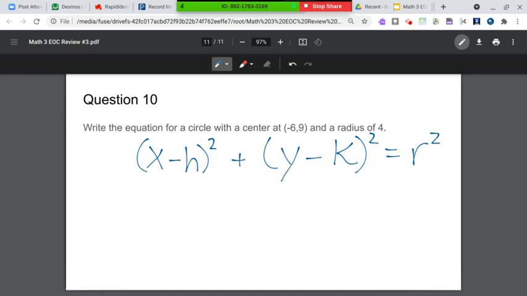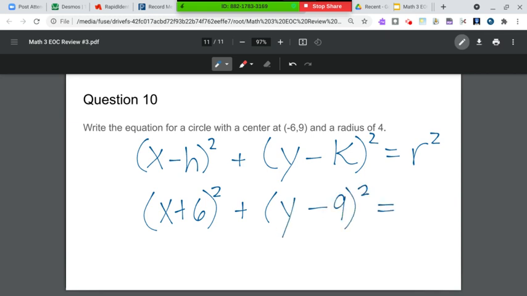All we simply have to do is plug the center in. (x + 6)² + (y - 9)² = r². 4 squared is 16. Final answer is here.